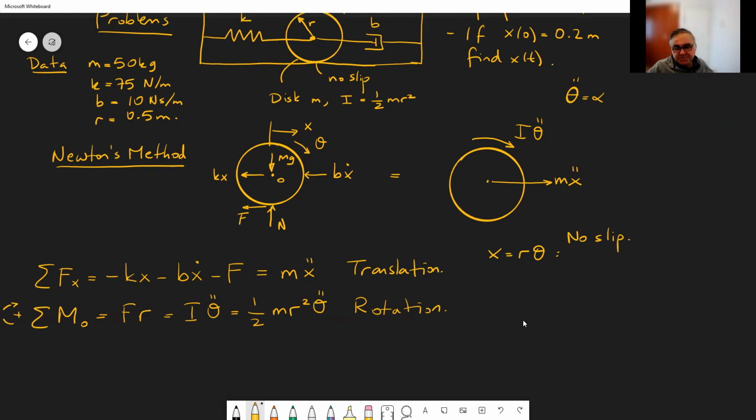It is the kinematics, and you can take the derivatives of this. x dot is equal to R theta dot. These are kinematic conditions. This has come from the kinematics of the problem.